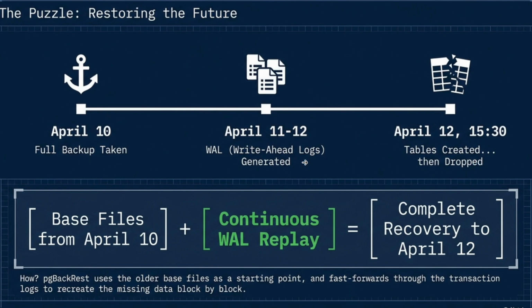So the concept is, we have the base backup around April 10, then we have the continuous WAL archives. By combining both of these, we can bring the database back to before the table was dropped, right?